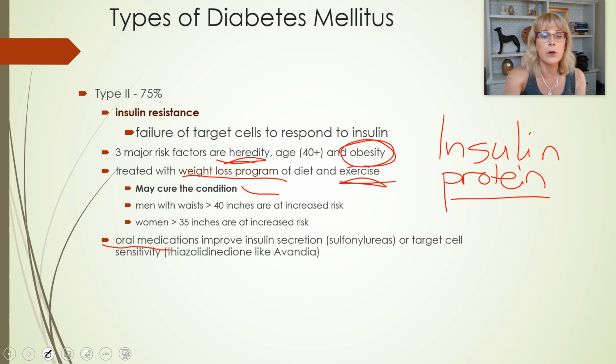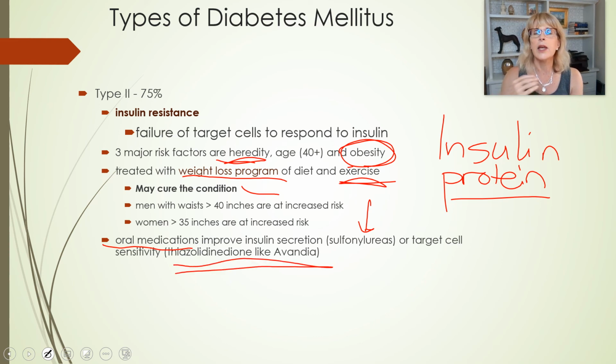There are some pills, oral medications, that will increase the amount of insulin that a person with type 2 diabetes releases, okay? And there are drugs like Avandia that seem to somehow make there be less insulin resistance.